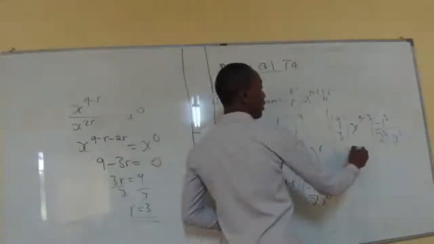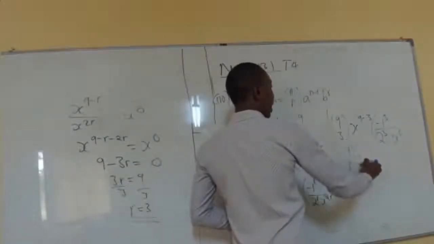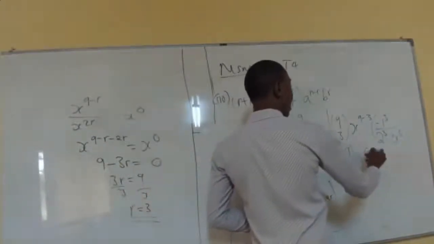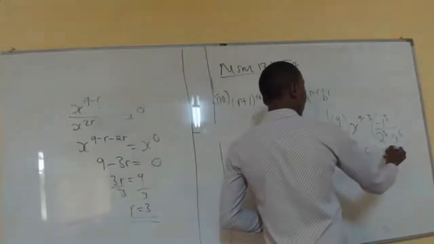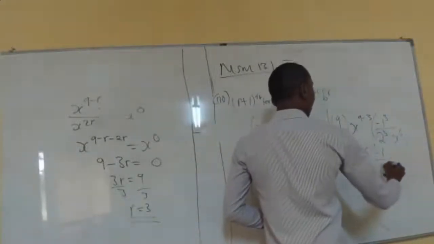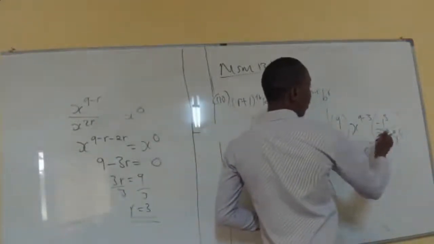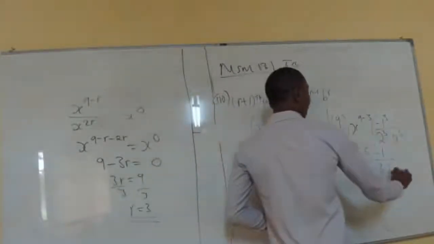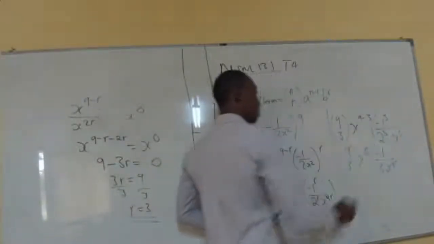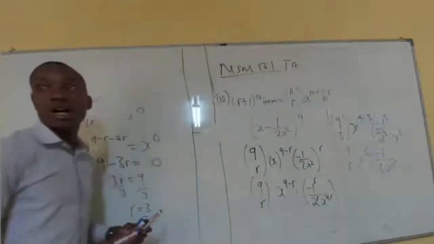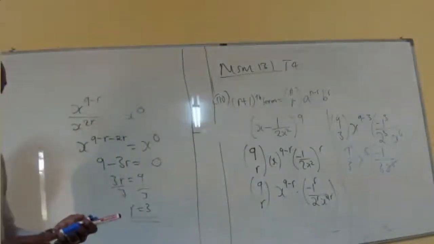Alright, then we have 9 choose 3, x to the power 9 minus 3 is 6. Then we have negative 1 over 8, because we know 2 to the power 3 is 8, and x to the power 6. So you notice that the x to the power 6's will cancel out.